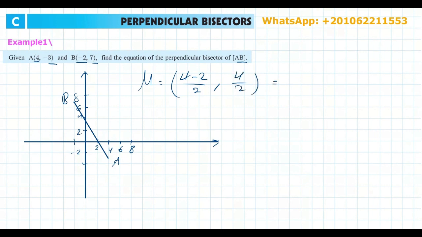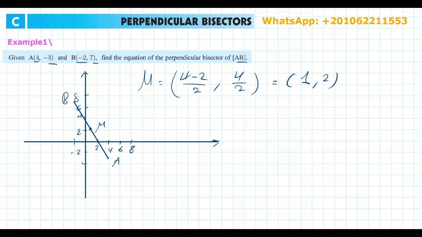Then the midpoint is 2 over 2, which is 1, and 4 over 2, which is 2. So the midpoint, between point B and point A, is (1, 2).